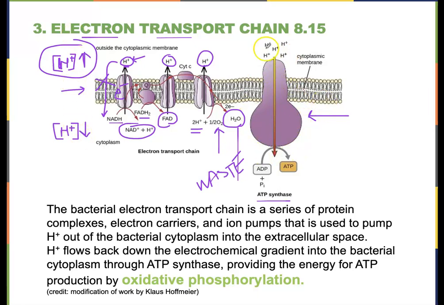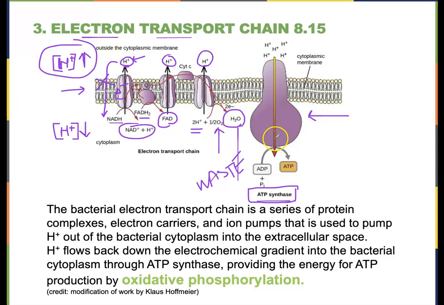Because this enzyme here, which is called ATP synthase, a very important enzyme, really needs the movement of hydrogen ions flowing through it. You can think of this kind of like water behind a dam. If your hydrogen ions were water held behind a dam and you poke a hole in the dam, then the water is going to rush through that hole really quick, right? Same concept. We have a lot of these hydrogen ions.